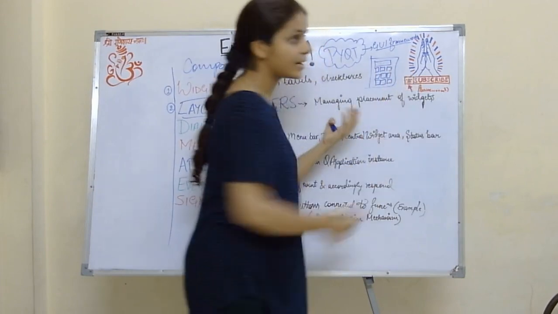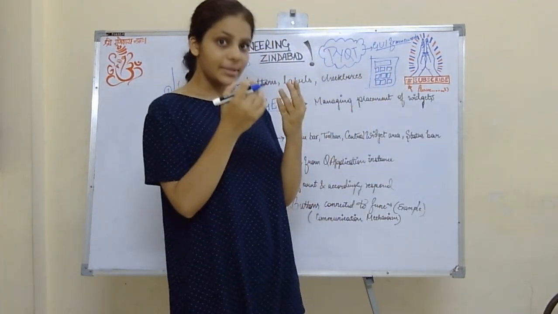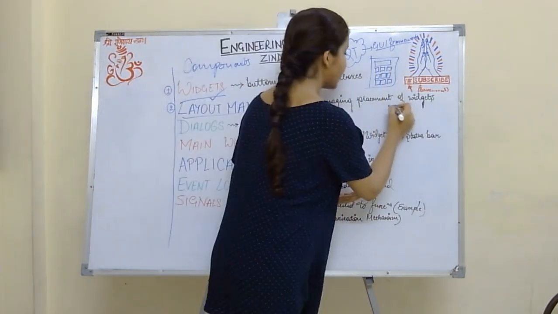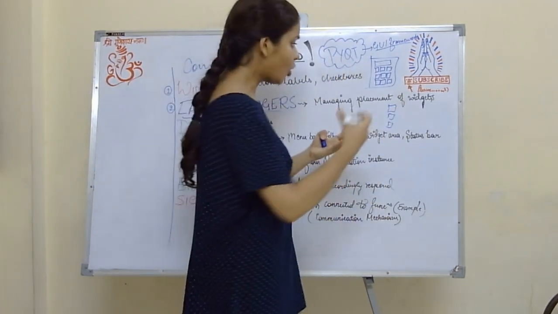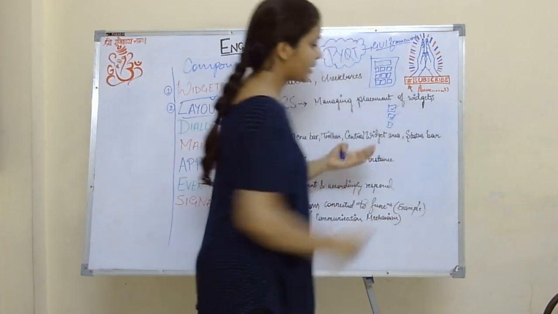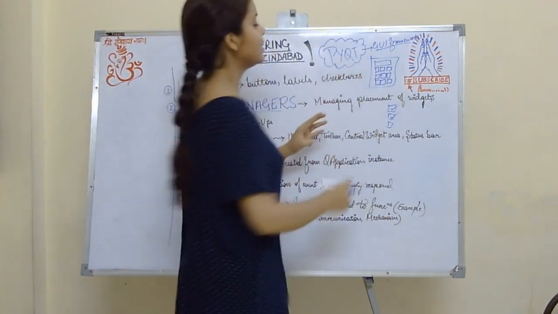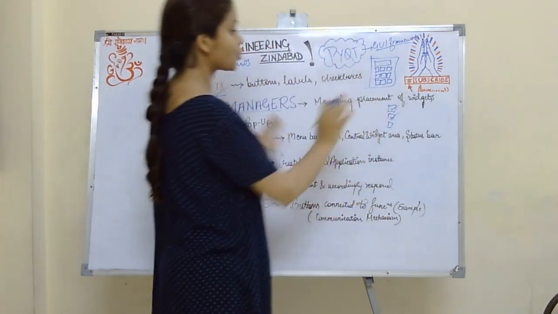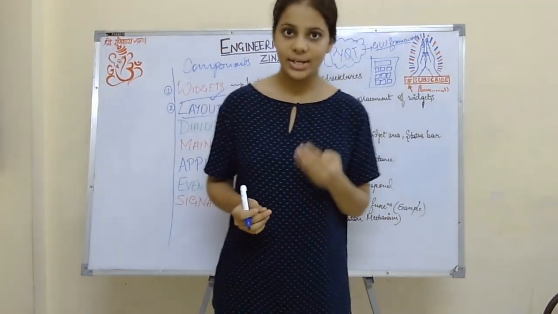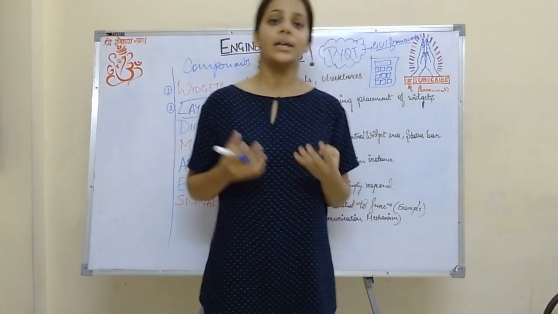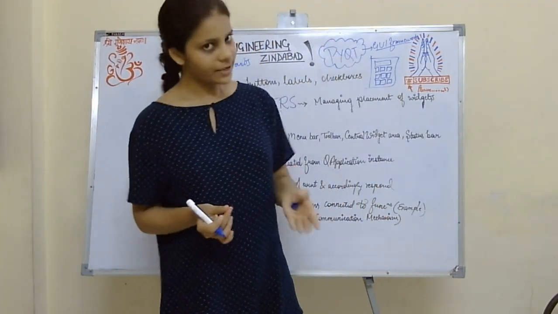Then the buttons that the user interacts with are also called widgets. Then checkboxes, where there can be multiple options among which a user can select some, are also called widgets. Generally, everything the user interacts with in the application is a widget.